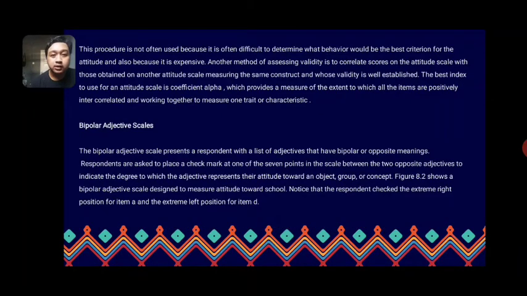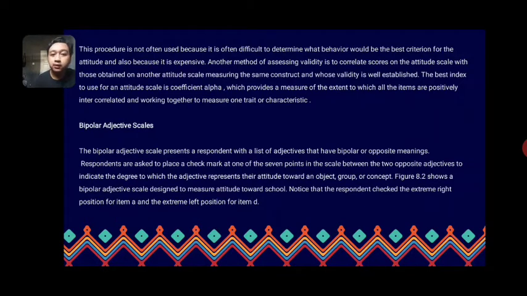This approach is not often used because it is often difficult to determine what behavior would be the best correlate for the attitude, and also because it is expensive. Another method of assessing validity is to correlate scores on the attitude scale with those obtained on another attitude scale measuring the same construct and whose validity is well established.